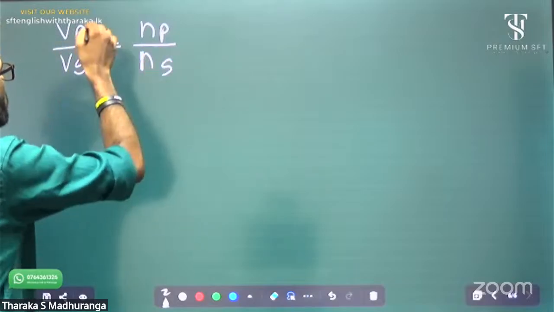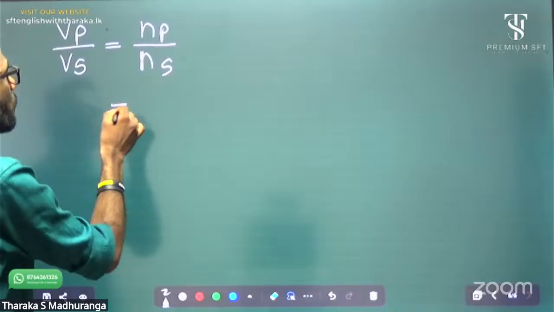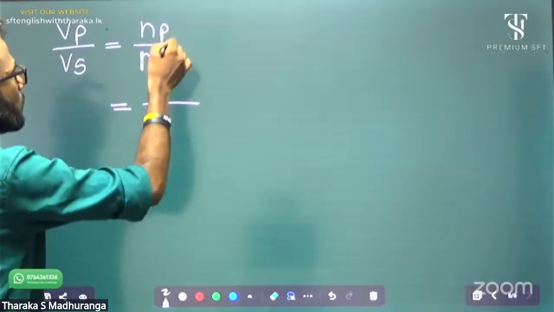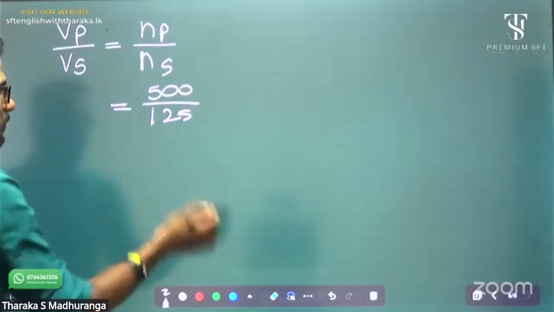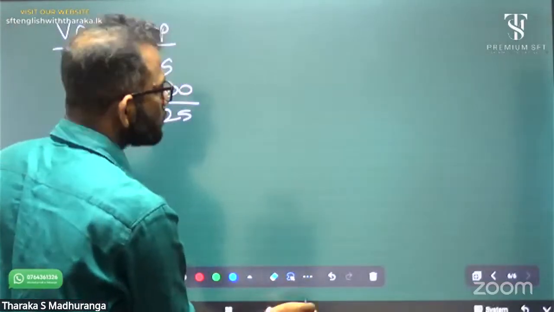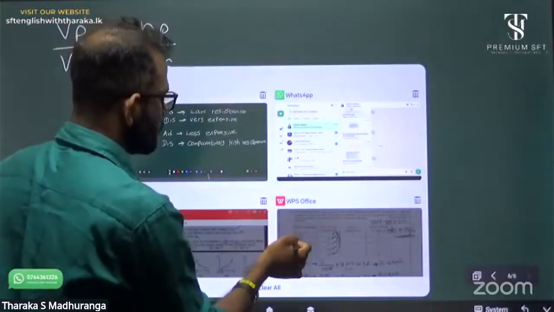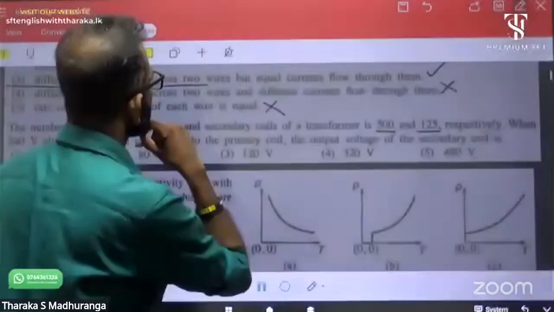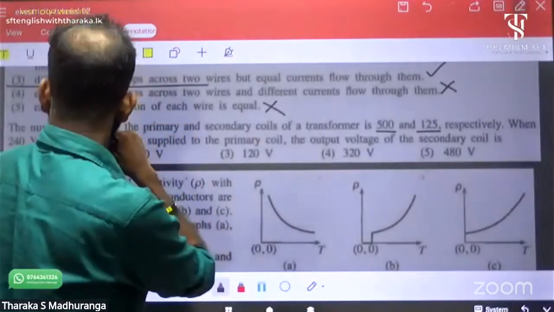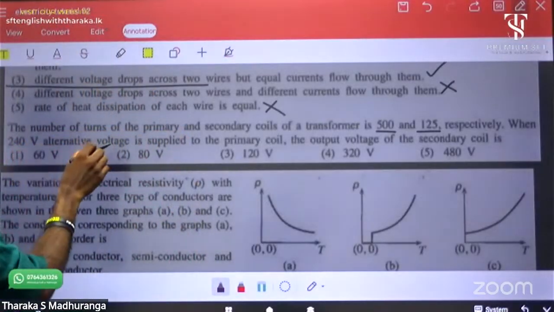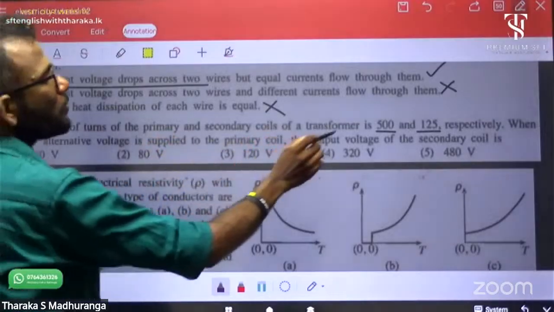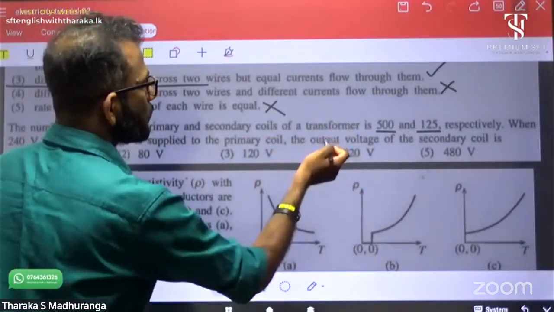The primary voltage is given: 240 V supplied to the primary coil.